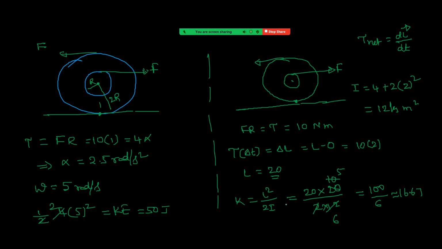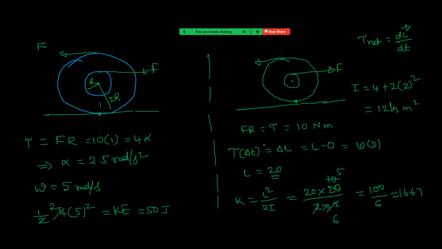If you observe, if we are not taking like this, then how to solve it? Then we have to find out what is omega when t equal to 2 seconds. Next, what is V CM when t equal to 2 seconds? Then we have to find half m V CM square plus half I omega squared. Okay.